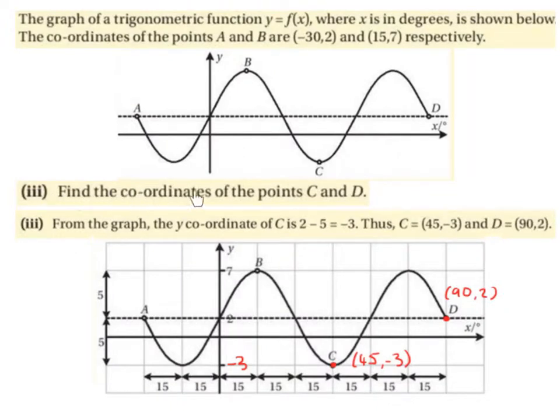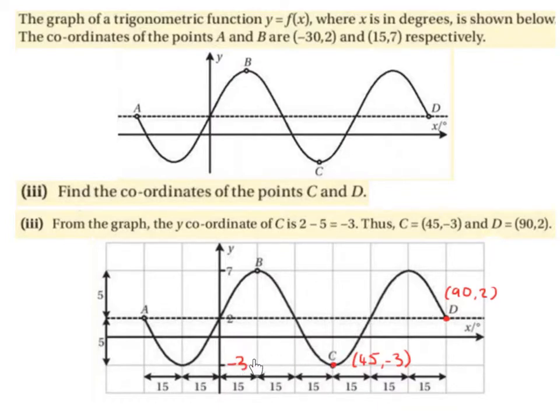Part 3, find the coordinates of the points C and D. So from the graph, the y coordinate of C is going to be 2 minus 5, which is -3. Because remember, 2 was the midway line. We know that we have an amplitude of 5, so we have to minus 5, and 2 minus 5 is -3.